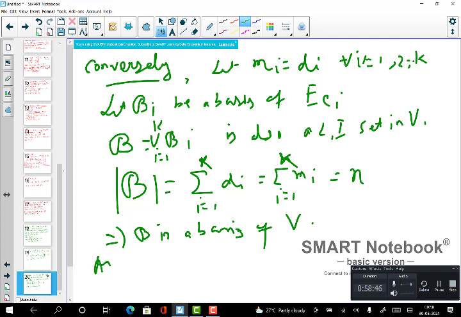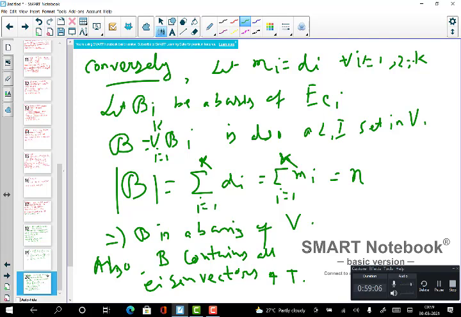Also, B contains all eigenvectors of T. So what does that mean?